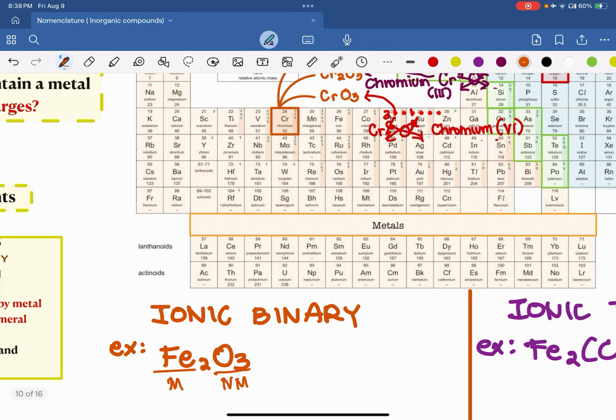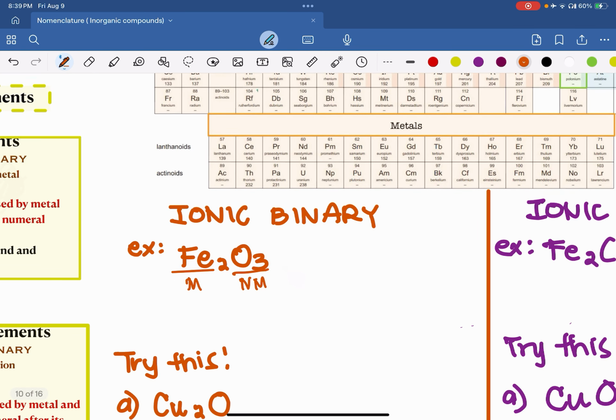Your iron has the possibility of having 2 or 3 as its charge. Using the strategy I gave you, remember to have the charge of your oxygen. Oxygen will always have 2.